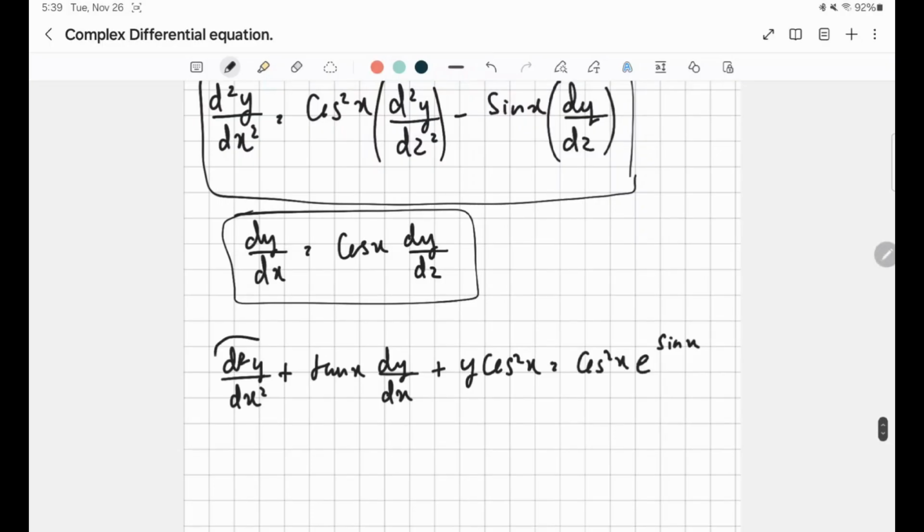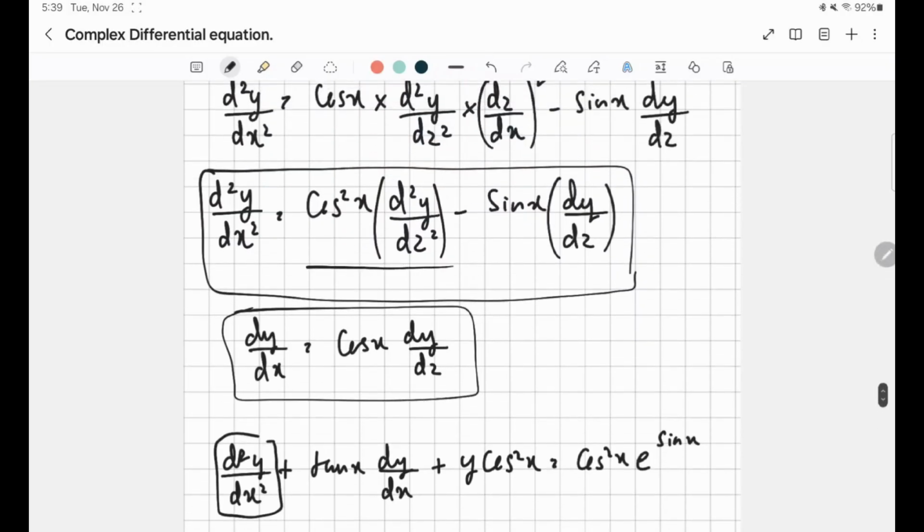Instead of the second derivative, you can put this section.